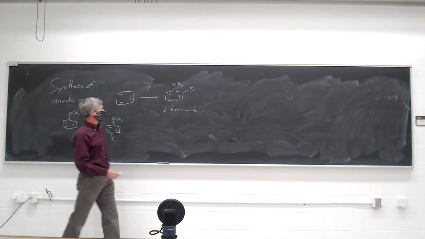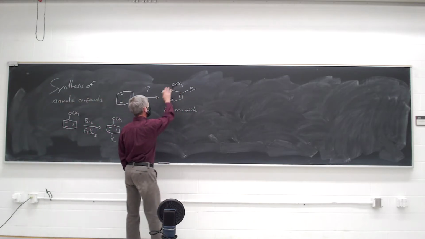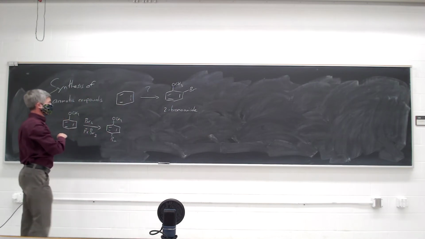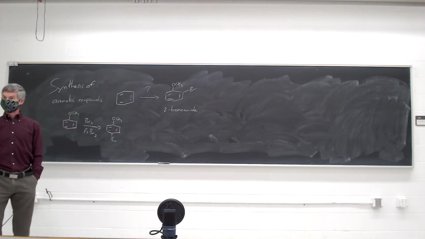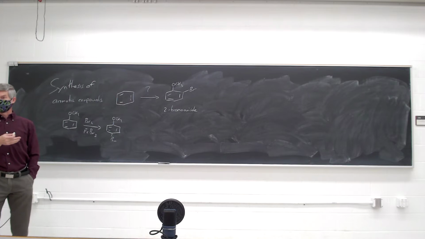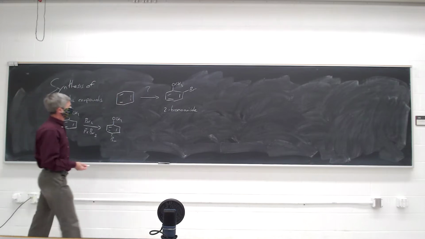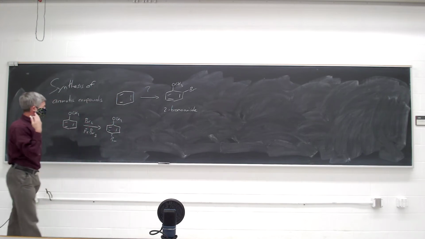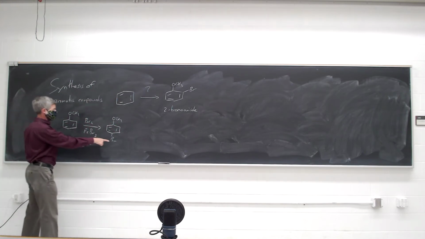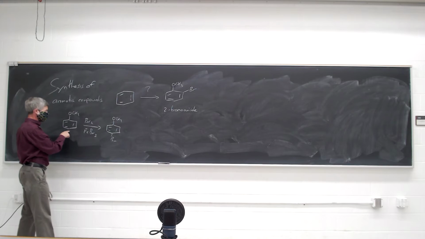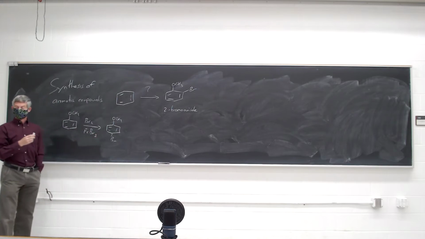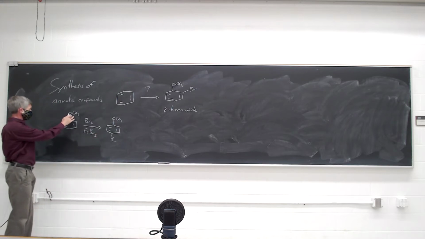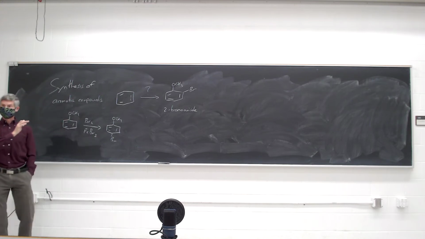Bromine is an ortho-para director, as is the methoxy group. But bromine is a deactivating substituent, whereas the methoxy group is an activating substituent. So it might make sense to put the methoxy group in there first, and then the bromine. But if we do that, we're going to have to overcome this problem, which causes the bromine to be directed to the para position, because inductively the methoxy group is deactivating the ortho position.